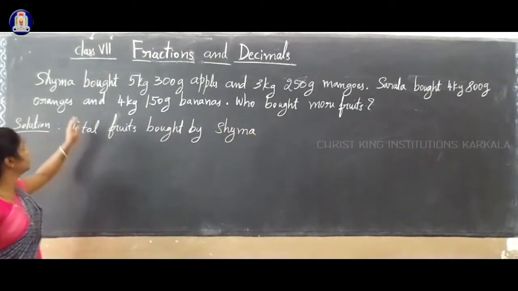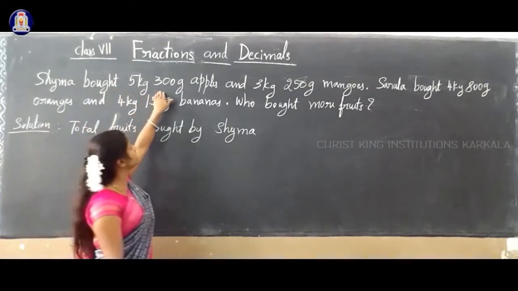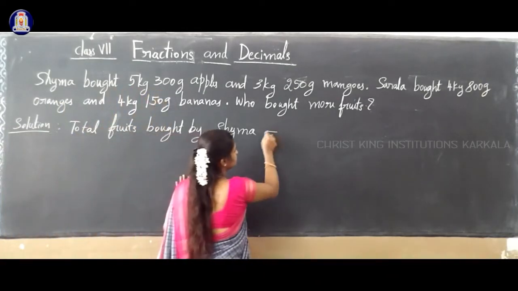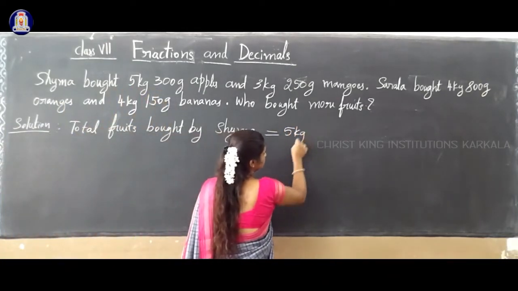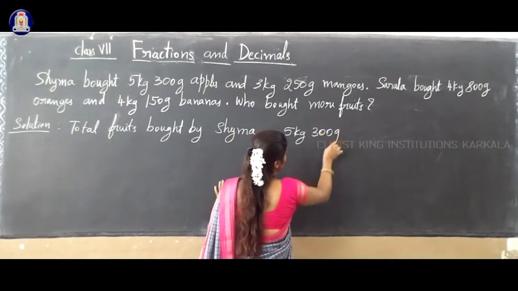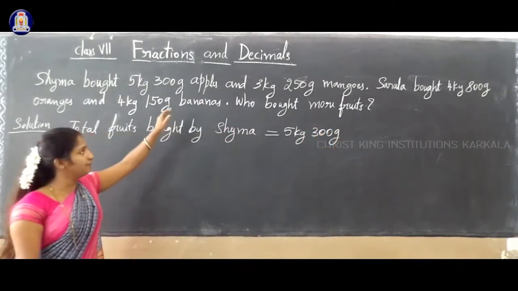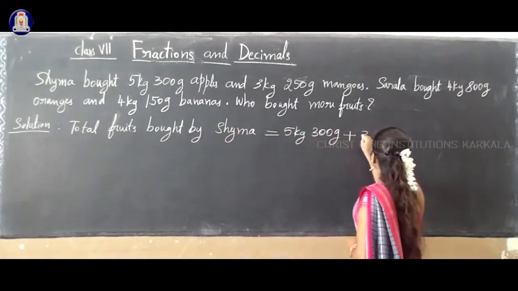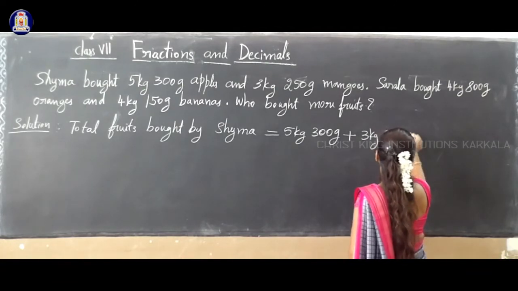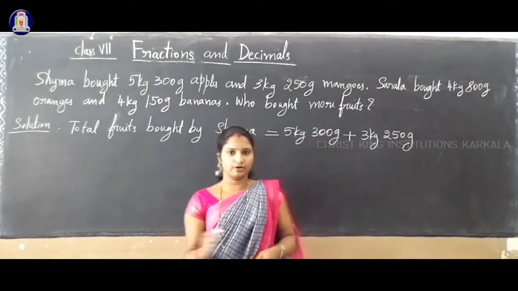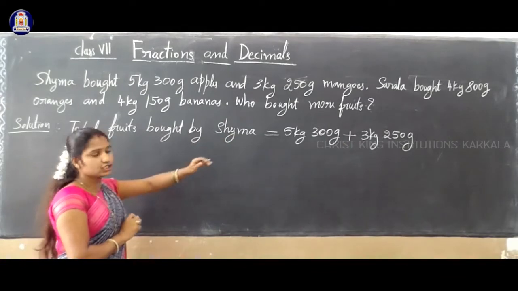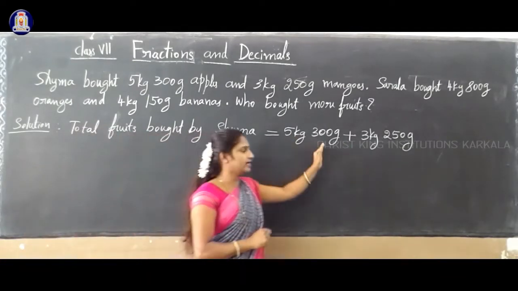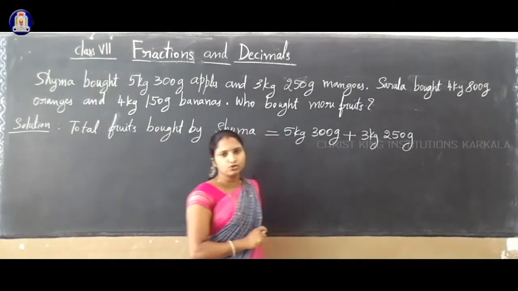So that is here. First 5 kg 300 gram apples and 3 kg 250 gram mangoes. So you have to find total fruits bought by Shaima. 5 kg 300 gram plus 3 kg 250 gram.